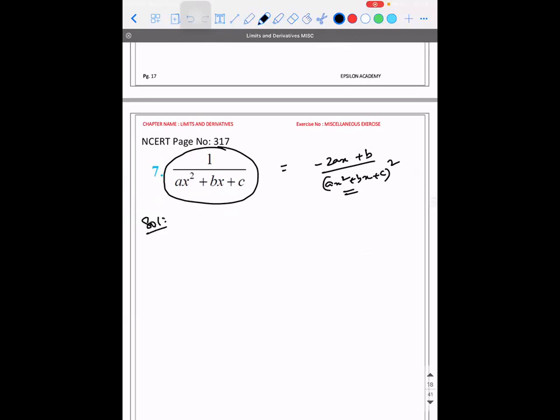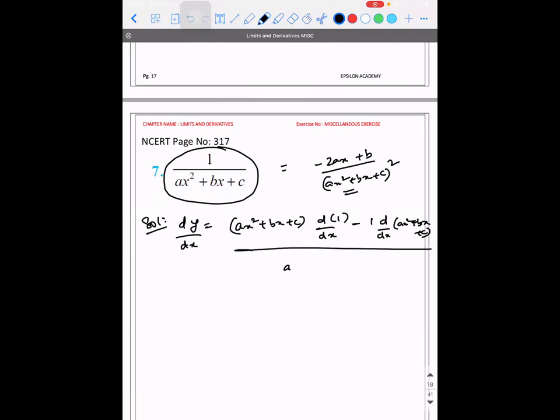See, the solution: y is equal to, so what will dy by dx be? Ax square plus bx plus c into derivative of 1, minus 1 into derivative of ax square plus bx plus c, the whole divided by ax square plus bx plus c, the whole square.